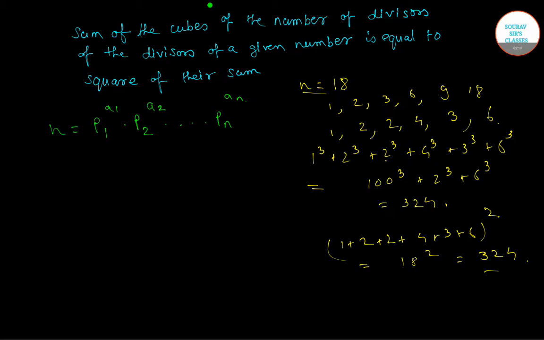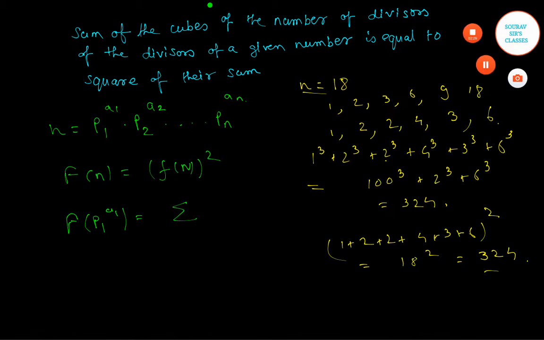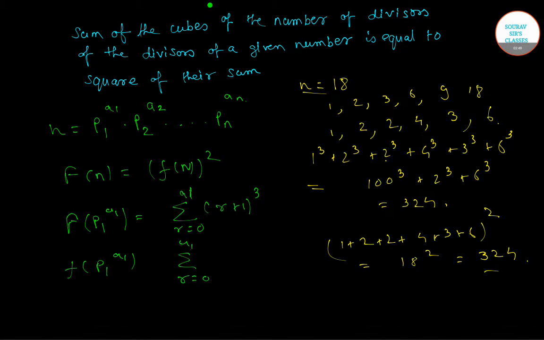Now we can get the answer by showing that f of n is equal to g of n, where f of p1 raised to the power a1 is given by summation r runs from 0 to a1 of (r plus 1) cube, and g of p1 raised to the power a1 is summation r runs from 0 to a1 of (r plus 1).